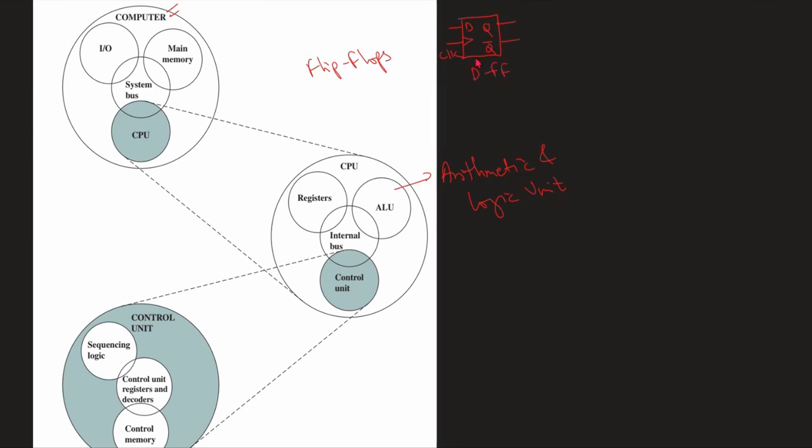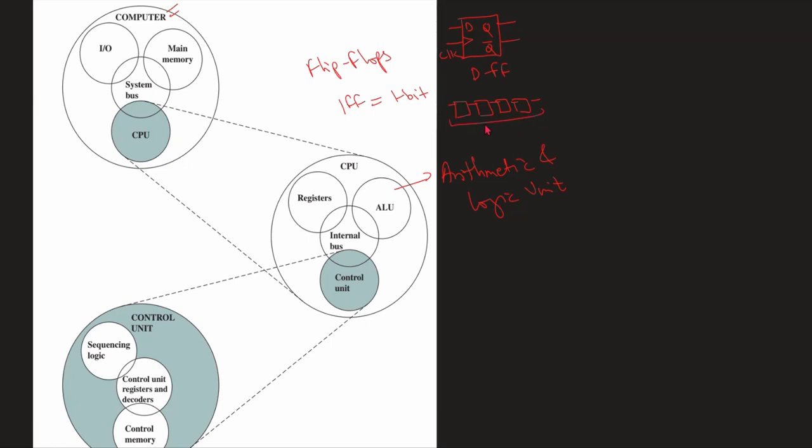One flip-flop will store one bit of information. If we connect different flip-flops, suppose four flip-flops are connected together, then it will form a register.